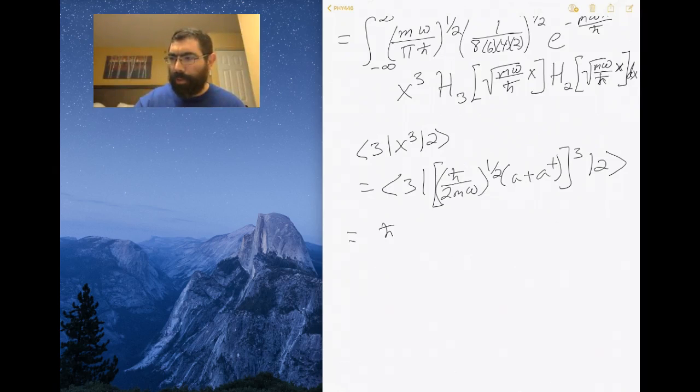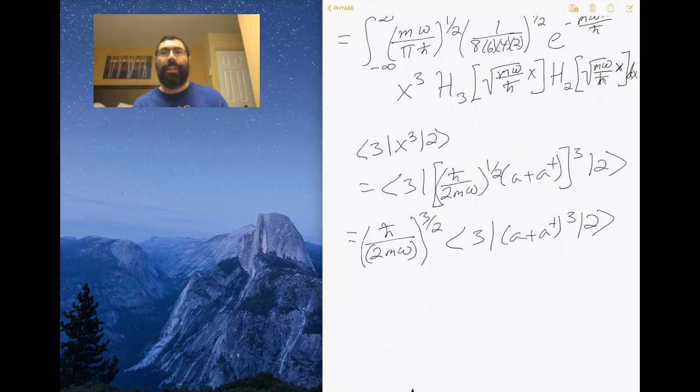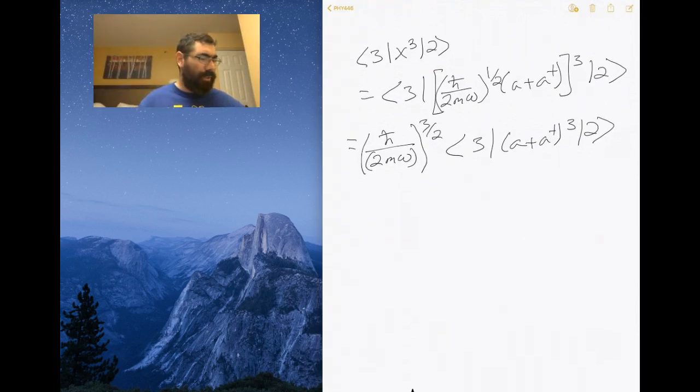So that's h bar over 2m omega, the whole thing to the 3/2 power, times the operator a plus a dagger cubed, operating on the state n equals 2. Now let's expand that out with the binomial.